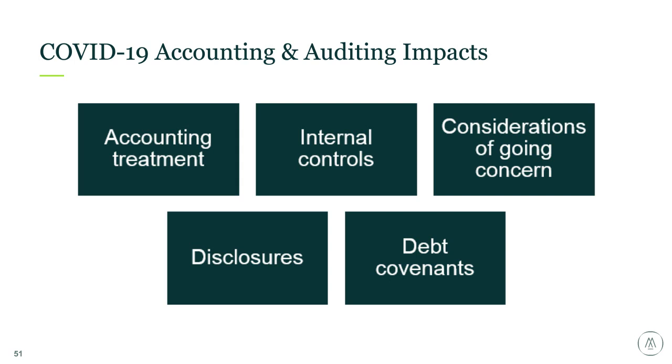First is the accounting treatment for those funds. There are a lot of different types of funds out there. There are the PPP loans that not all institutions were able to get, because typically you had to have fewer than 500 employees to qualify. But there are institutions that do meet that and received those loans.